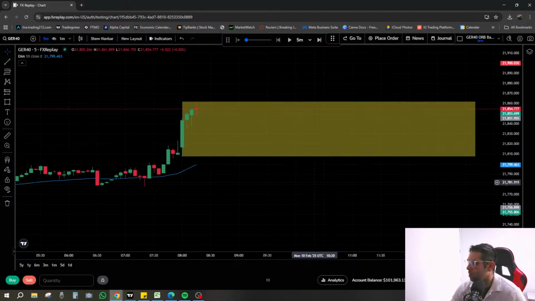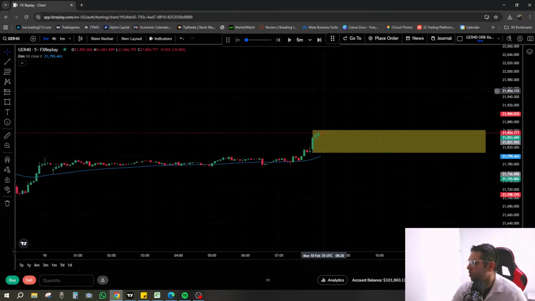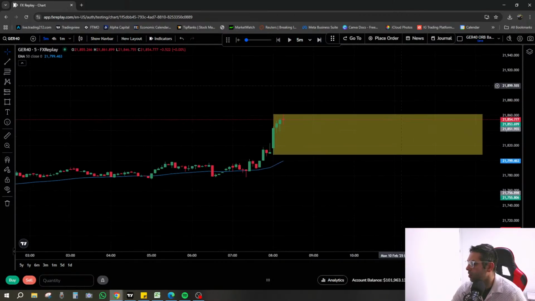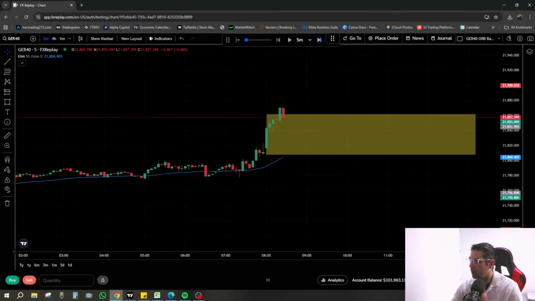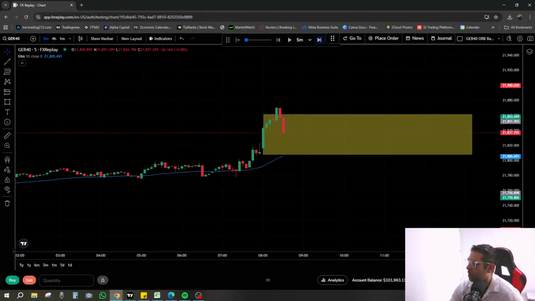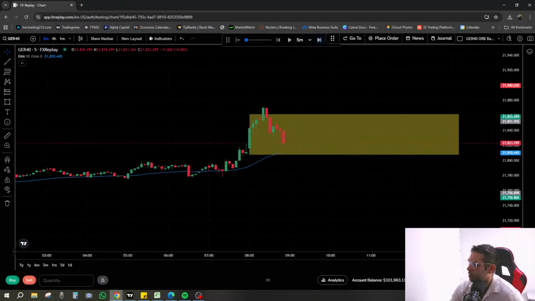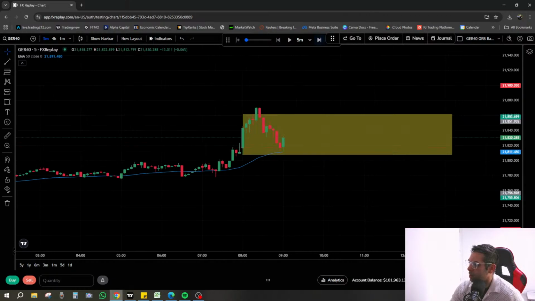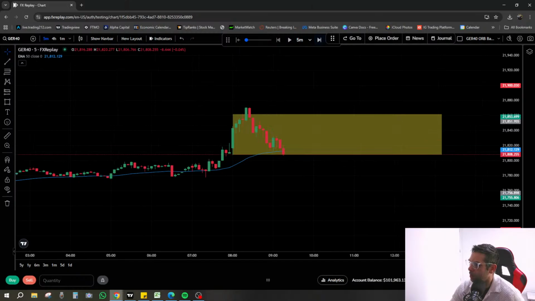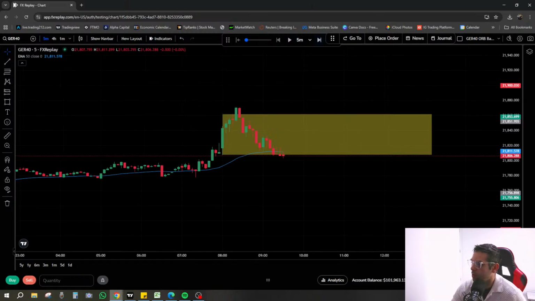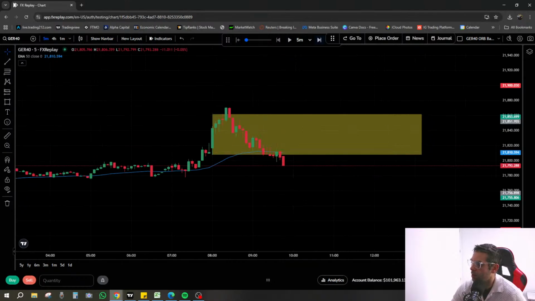Okay, so this is our range. Let's see what the price does. Breakout, fails to hold and goes back into the range. Meets the moving average and rejects, but fails to hold and breaks to the downside, fails to hold again. Breaks again. Okay.